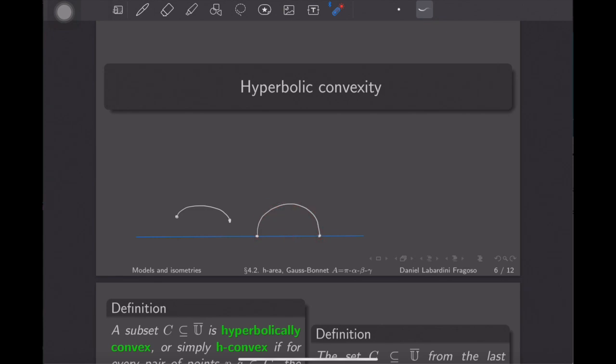And if 1 point is in R and the other point is infinity, then I just have to draw the vertical Euclidean line, right?